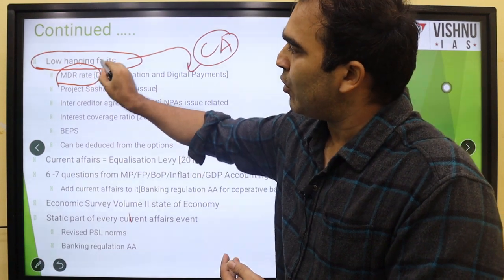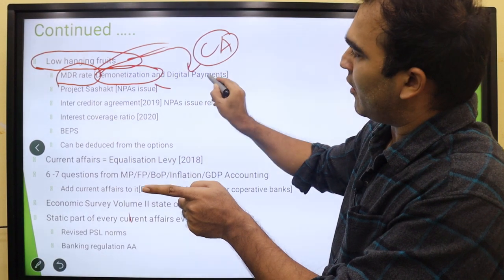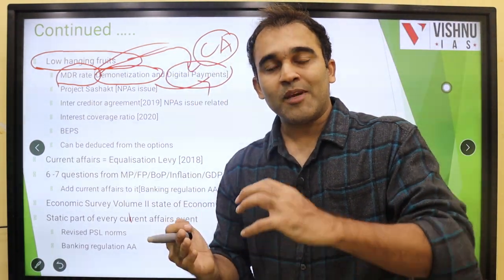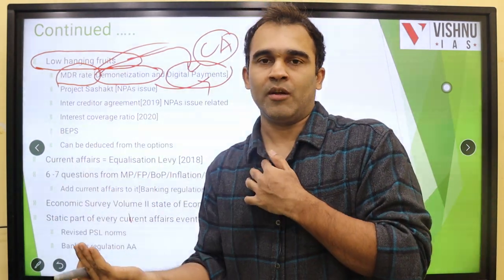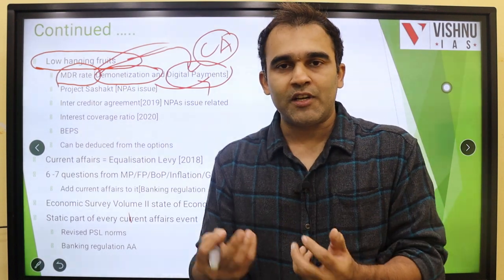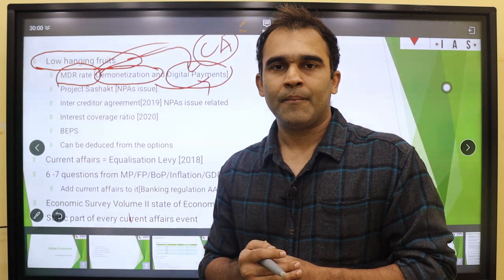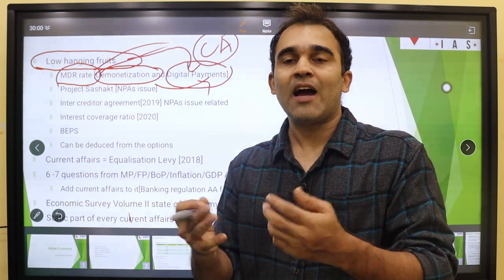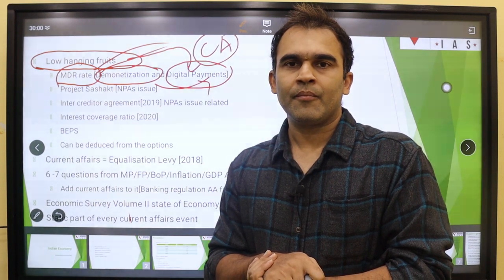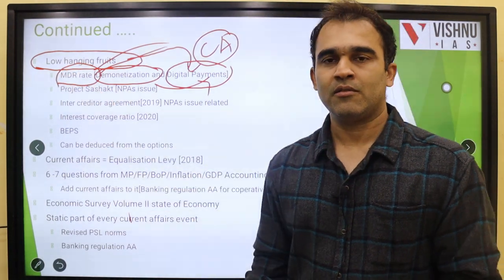Rather, it was in news that year because of demonetization, and even today it is in news because of the shift of the Indian economy from a cash-based economy into a digital economy. Digital payments, the increasing adoption rate of digital payments, the UPIs that you are paying, the wallets, and your credit cards. So it was in that context that the MDR was asked.